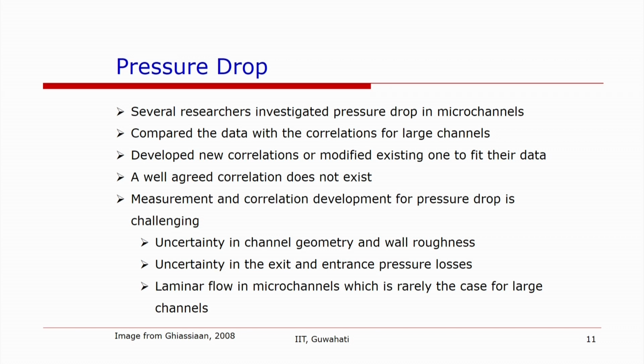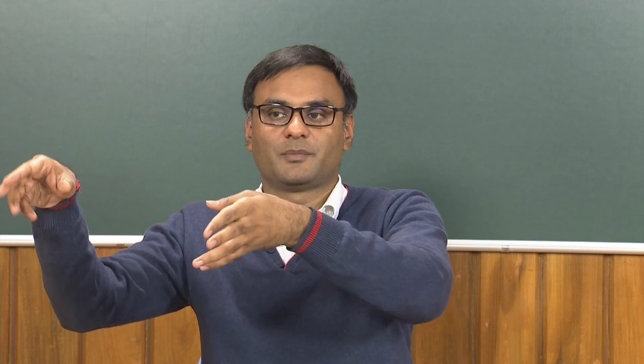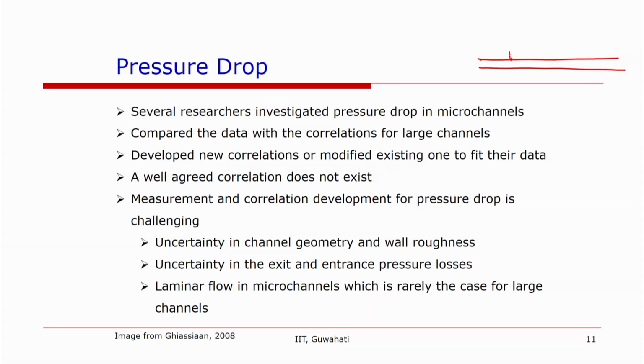For example, when one measures pressure drop, the flow will not be fully developed immediately. So one might need to take into account the pressure drop in the developing regime. One should measure the pressure drop once the flow has reached a fully developed state, between two points in the test section, for example.